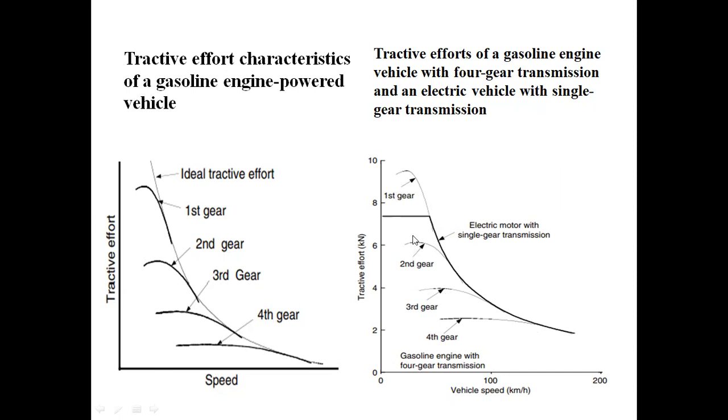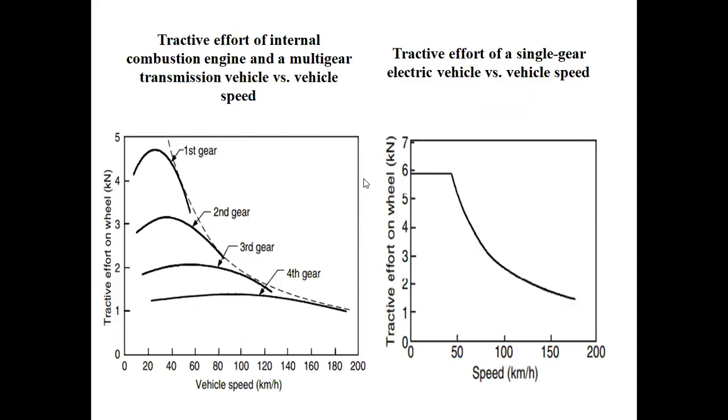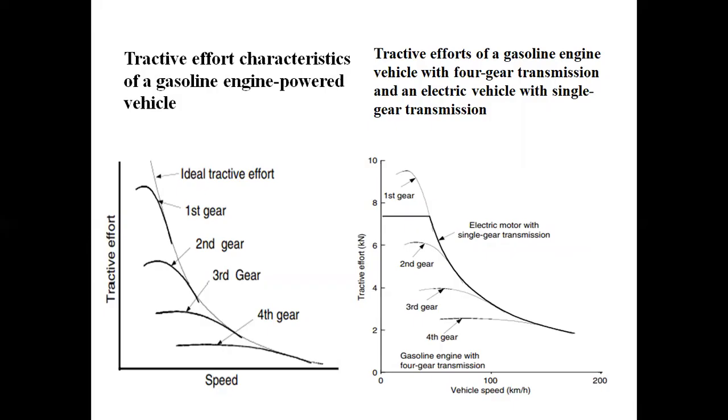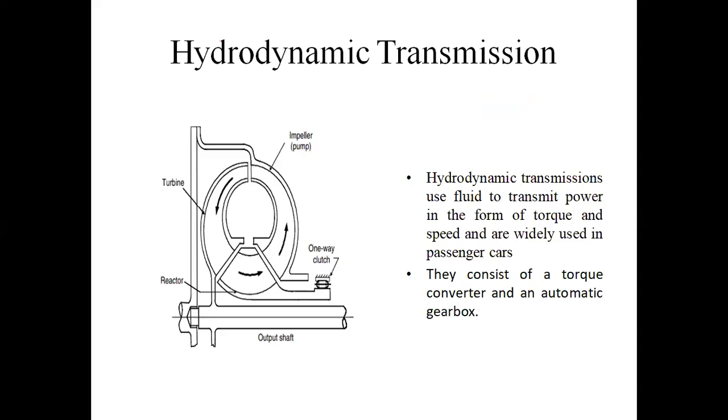This single-gear waveform is nearly the same as the ideal waveform. This shows the tractive efforts of a gasoline engine vehicle with 4-gear transmission and an electric vehicle with single-gear transmission, relating gear, speed, and tractive effort. I explained this slide previously. Next, this is the hydrodynamic transmission.